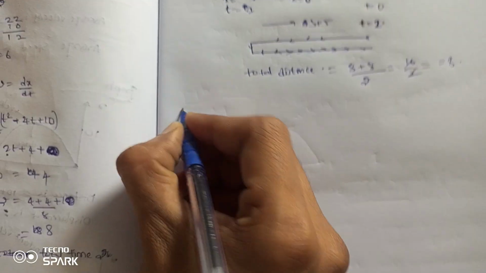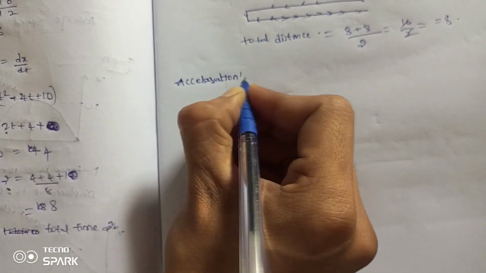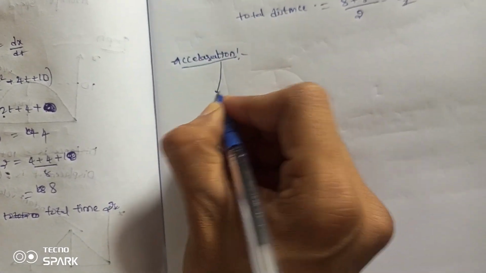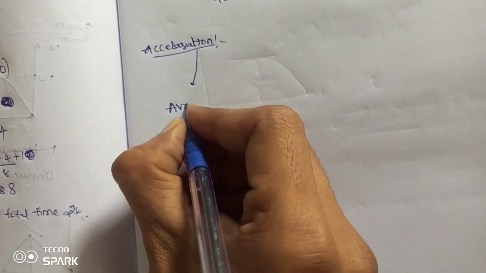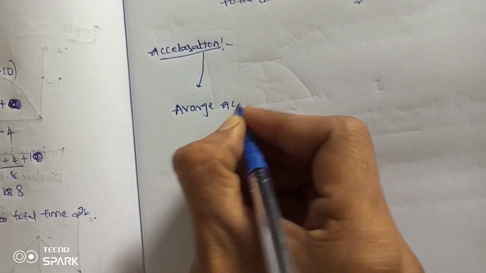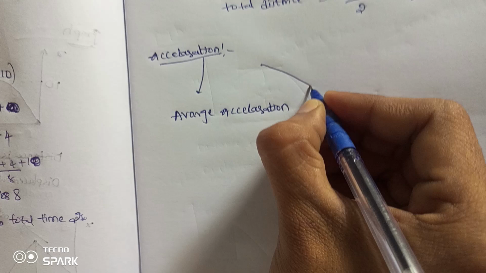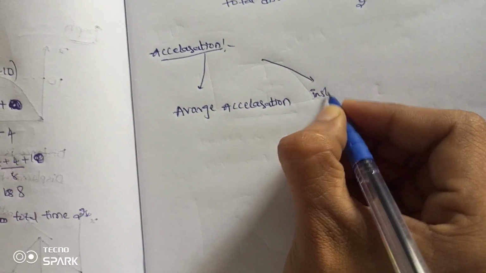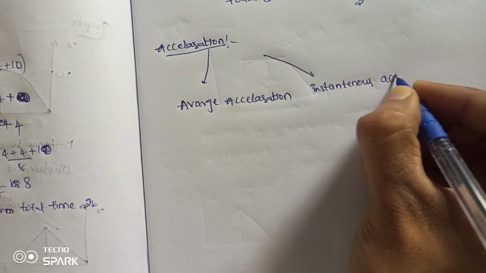And next we discuss acceleration. Acceleration is of two types: average acceleration and instantaneous acceleration.